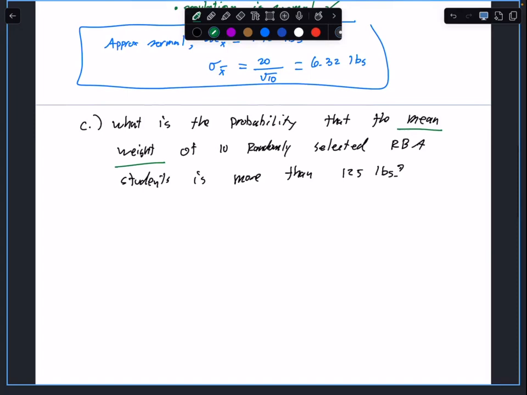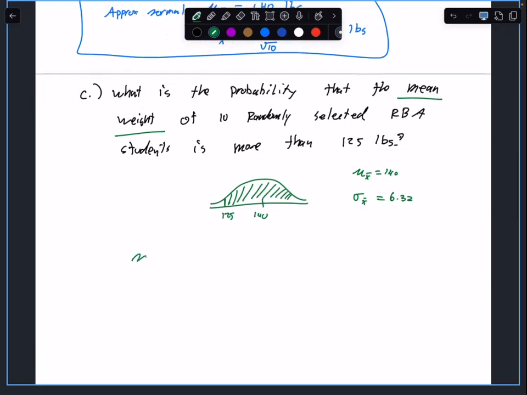So we're going to use the normal model here, with the center being 140. Remember, the mean is 140 pounds. The standard deviation is 6.32 pounds. So this problem is different. 125 is going to be way over there. Everything looks almost exactly the same.